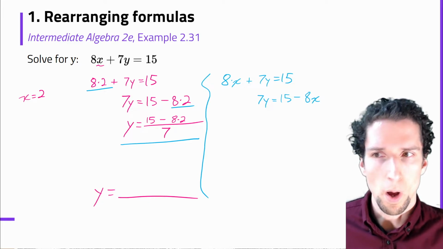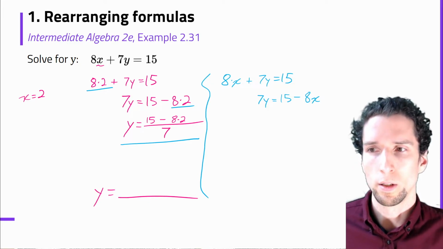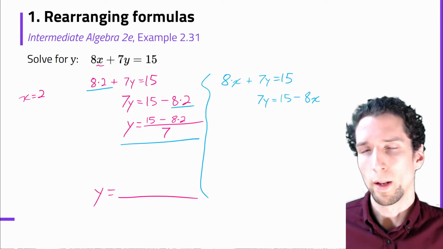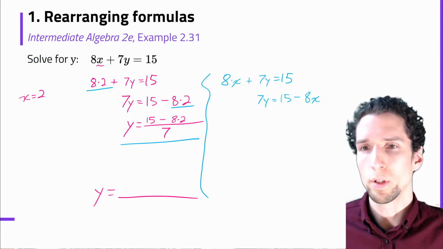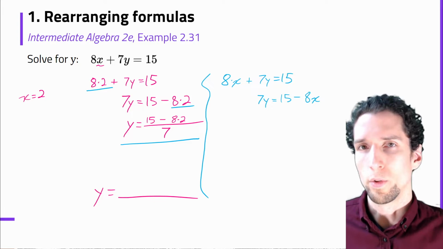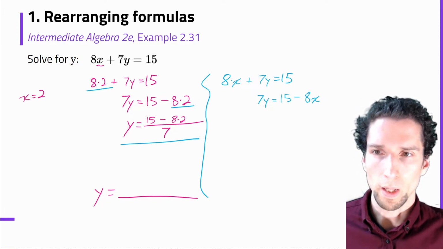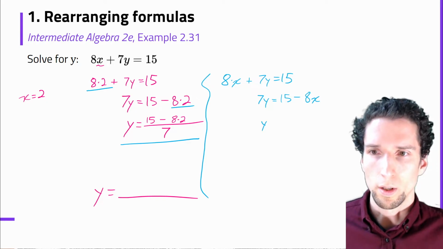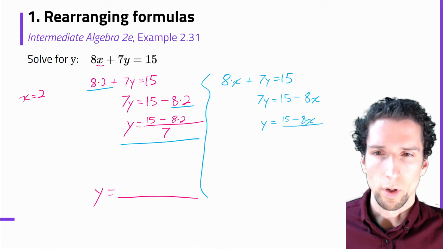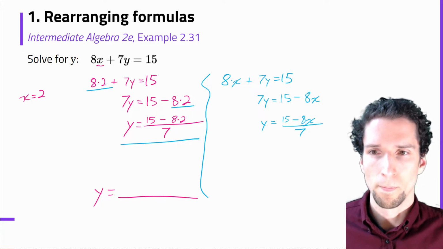We just kind of model exactly what we did on the other side when we pretended we had numbers and values. And then we do the same thing with the variable version of things. Okay, and then next we'll just divide both sides by 7 like we did. y equals 15 minus 8x over 7.